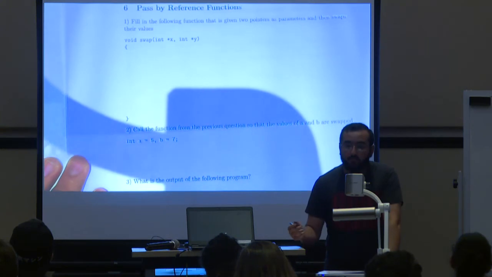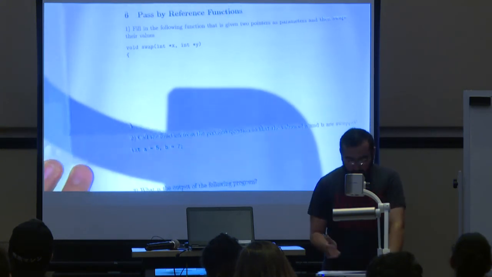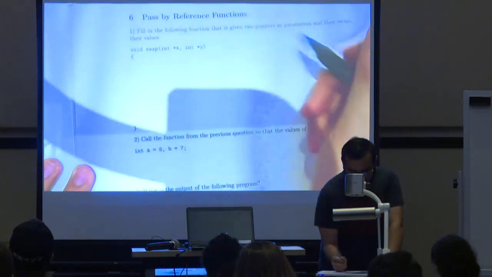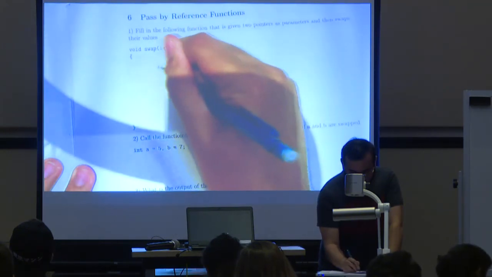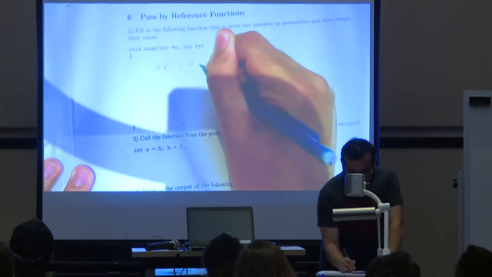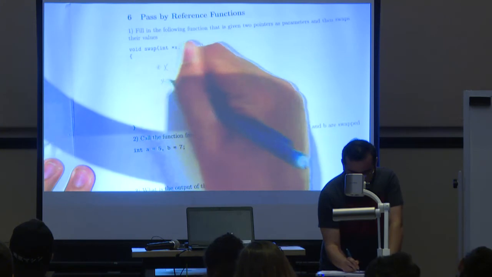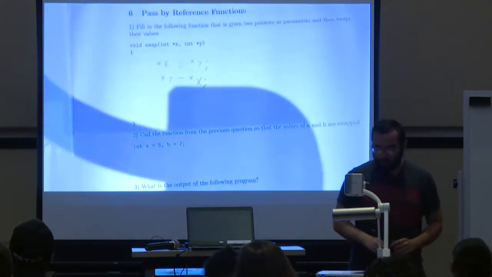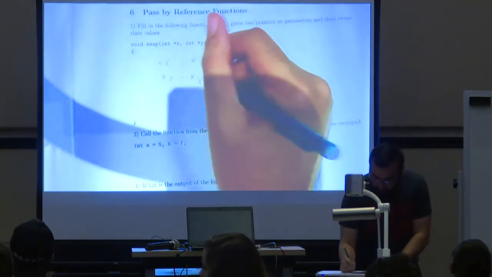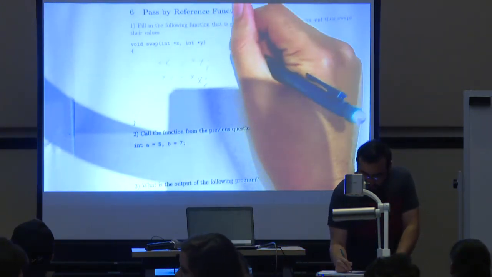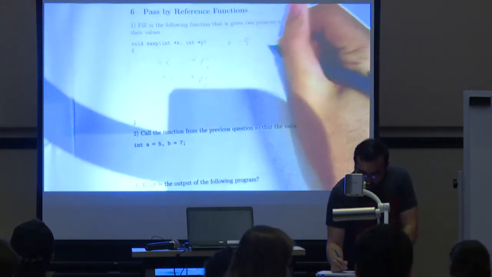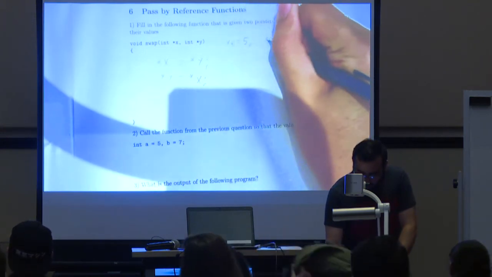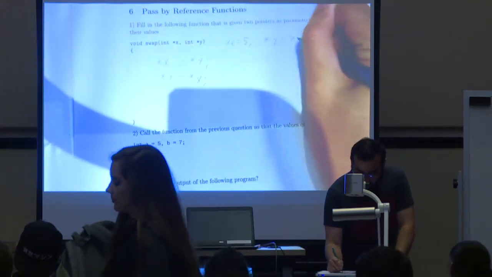People who might not have seen this problem before might think, okay, let me just say that star x is equal to star y, and then star y is equal to star x. Now, the problem with this is, let's say star x was equal to 5, and star y was equal to 7.